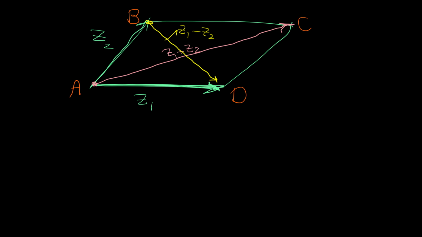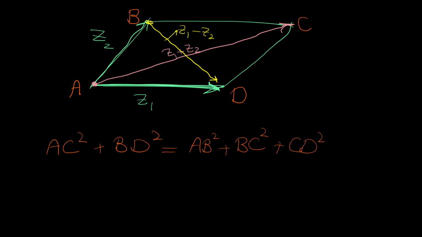In geometry, we have this simple important fact that the sum of squares of the diagonals of a parallelogram, AC² + BD², is always equal to AB² plus the other side BC² plus CD² plus DA, or AD².